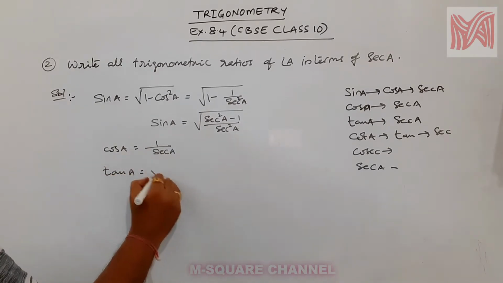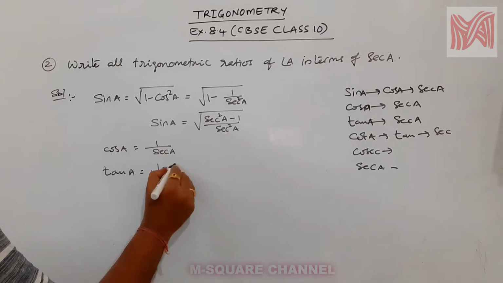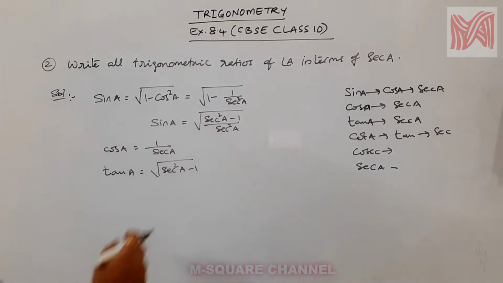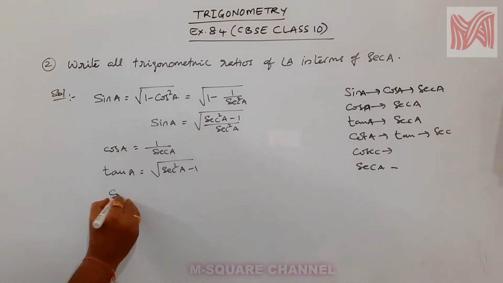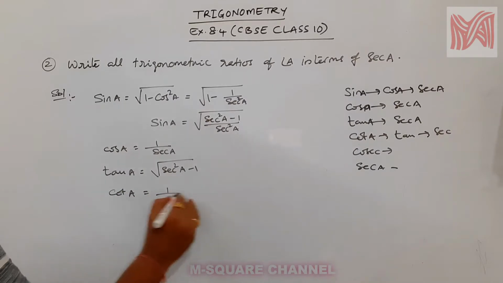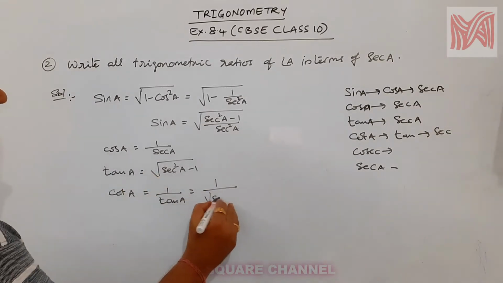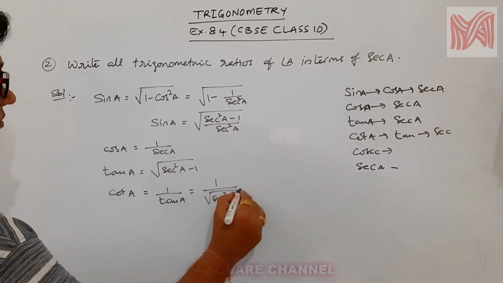Tan A. So root of, direct formula is there, secant square A minus 1. This is identity. So trigonometric identities. Next one is cot A. So 1 by tan A, which means 1 by root of secant square A minus 1.